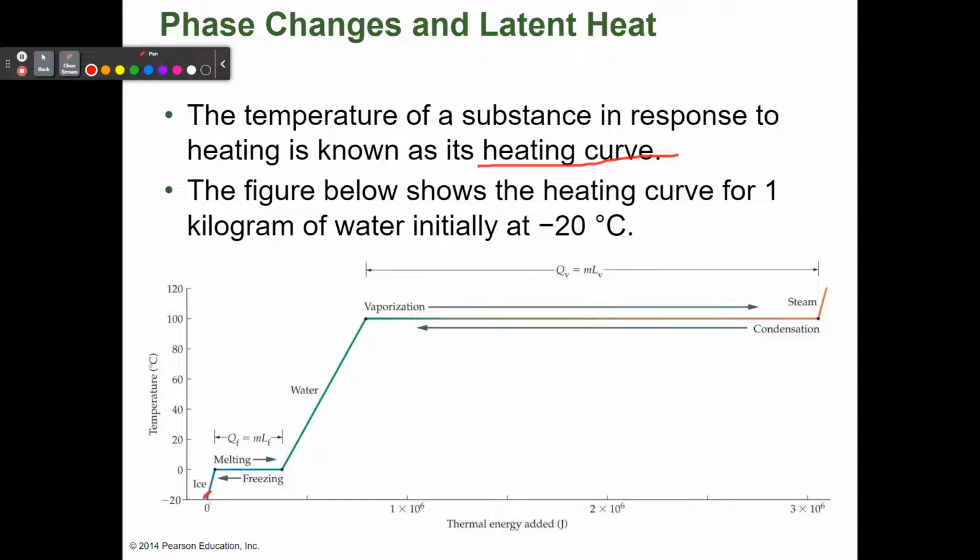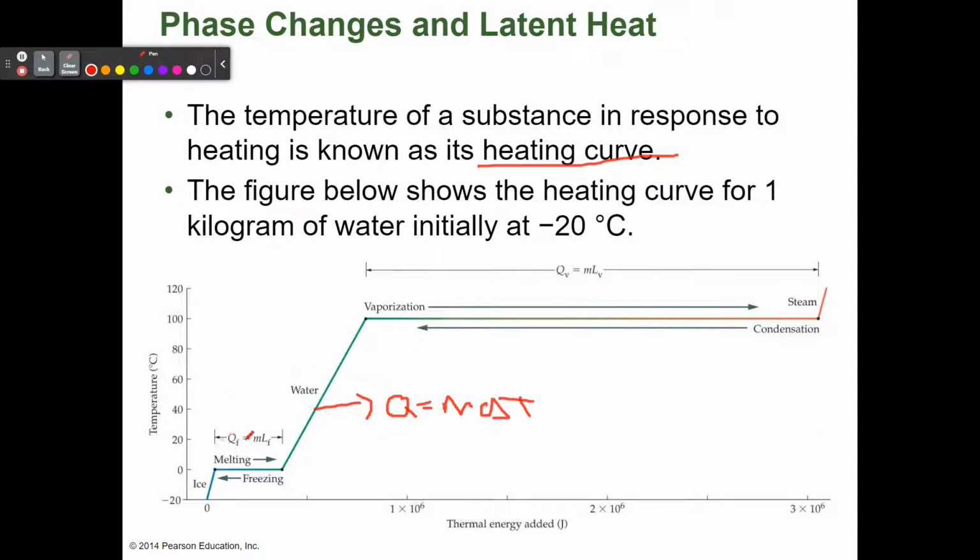So you have the slanted lines, and that's where if you add more heat, you're actually increasing the temperature. So these formulas would be Q equals mc delta T. And then at the flat portions, we have phase changes going on.